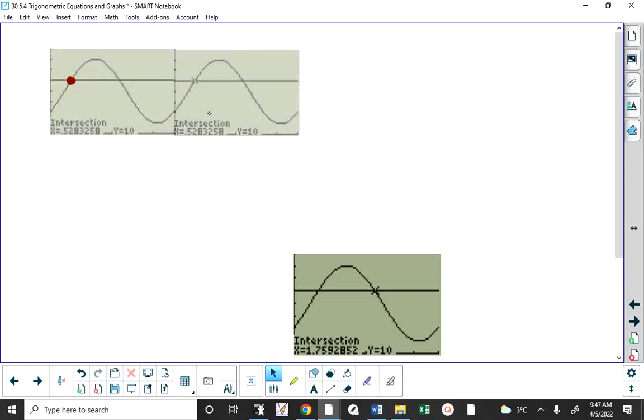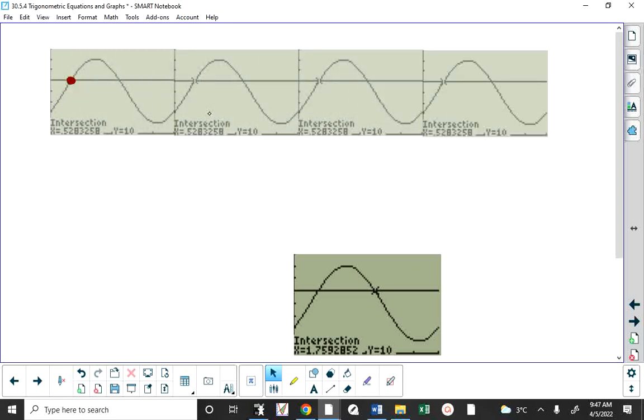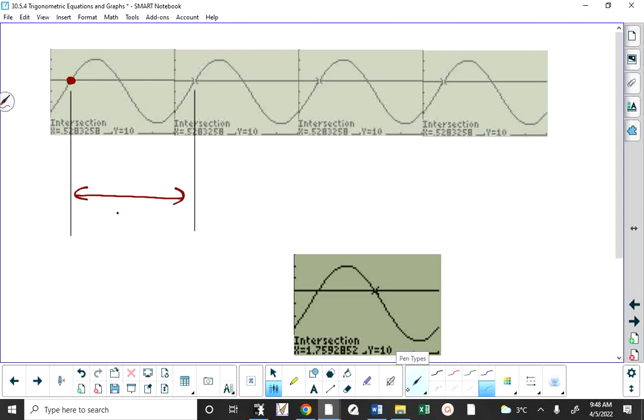And this is one of the reasons why we only were interested in graphing one period. This is going to repeat. It's going to keep intersecting at that part of the curve over and over and over again. Well, what is the distance from here to here? Well, that's pi, because the period is pi.